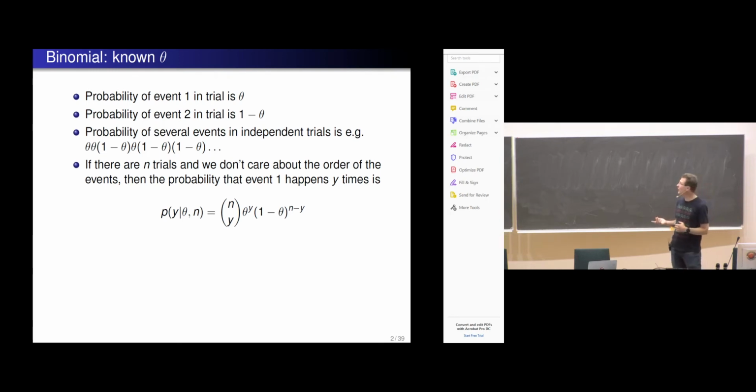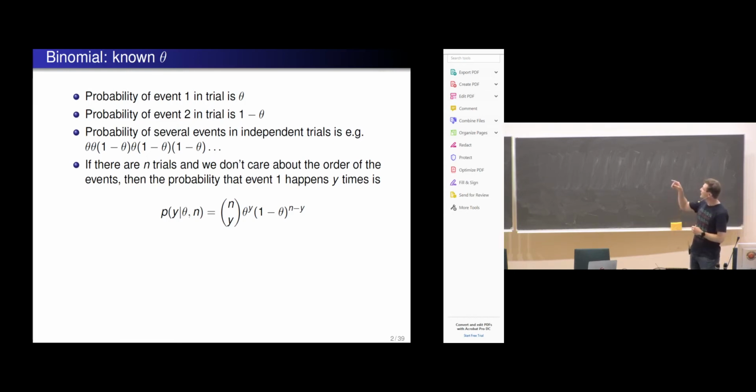And if we don't care about the order, then all the possible orders are fine, and we multiply with this combinatorial n over y term. And this gives us the probability of observing a certain number of reds or a certain number of deaths if we know the probability theta for reds or deaths.